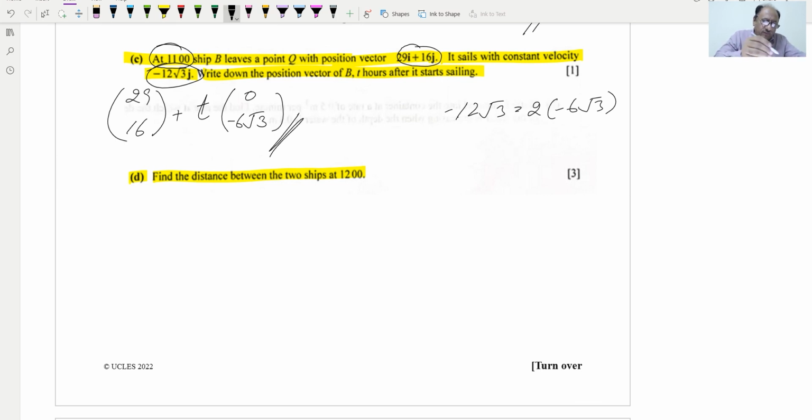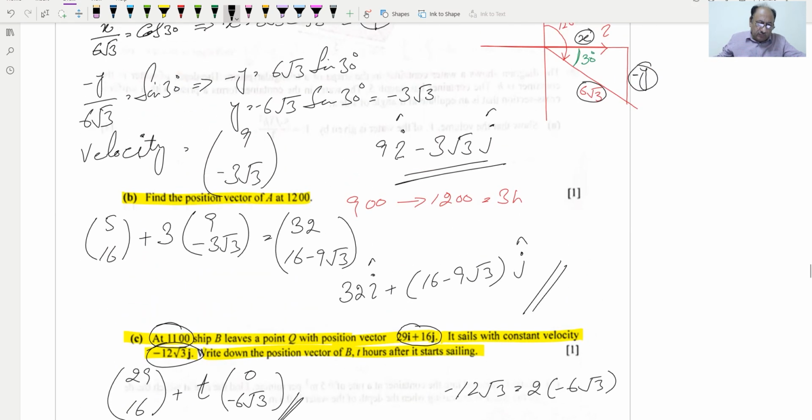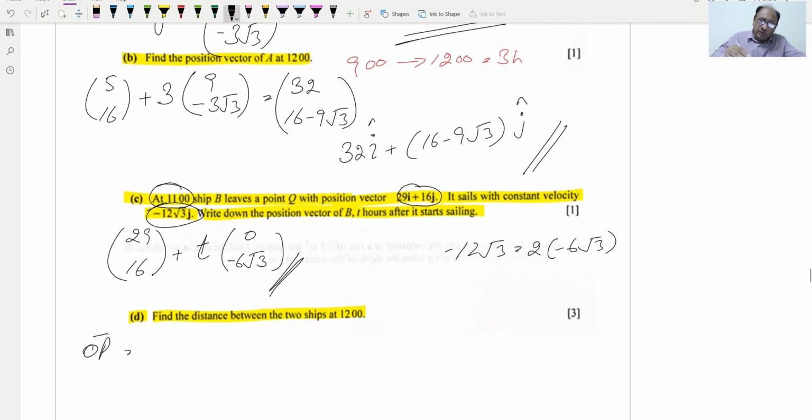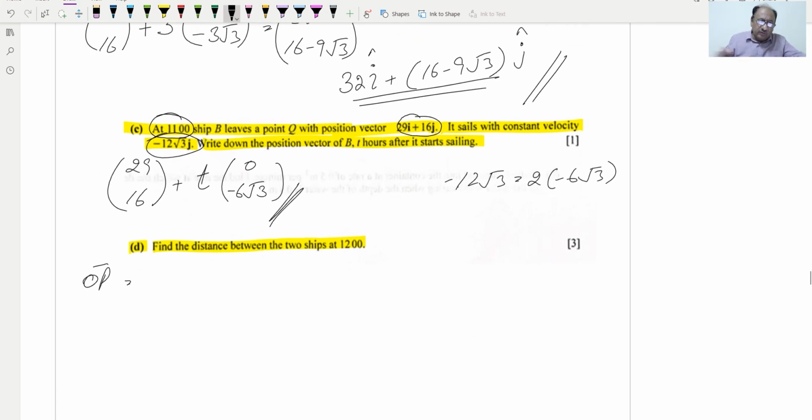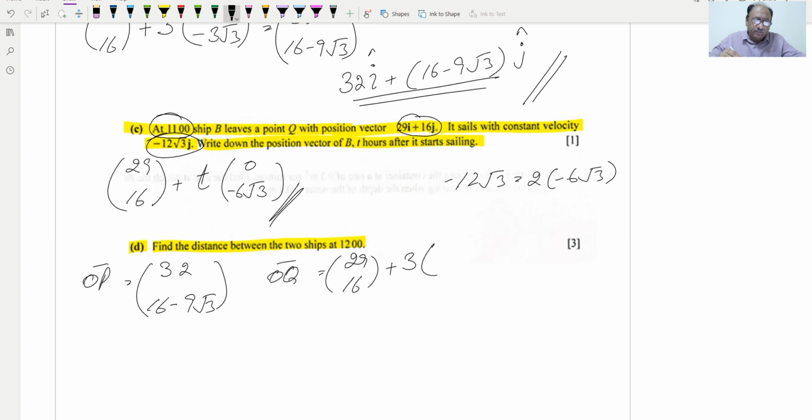So at 12 we can write the OP vector will be equal to 32 and 16 minus 9 root 3, which is this one. And OQ will be equal to 29, 16, plus after 3 hours it will be 0 and minus 6 root 3, which is this one.